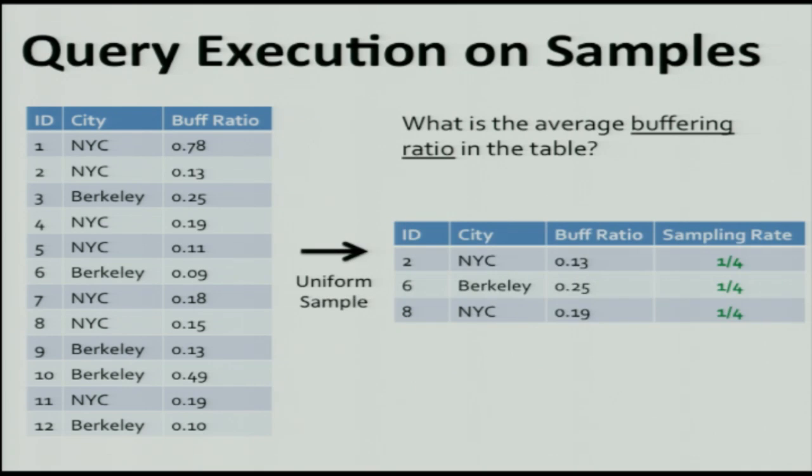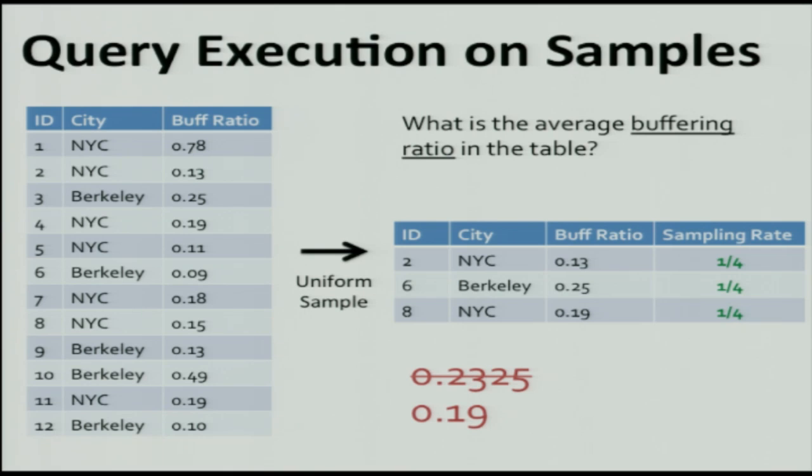What I can do in parallel is take a uniform sample from this table, in which each row occurs in the sample with some probability. In this case, with a 0.25 probability a particular row is represented in the sample. If I execute the query on the sample table, I get an approximate answer, 0.19 in this case.